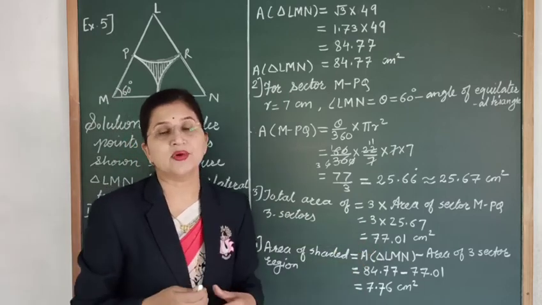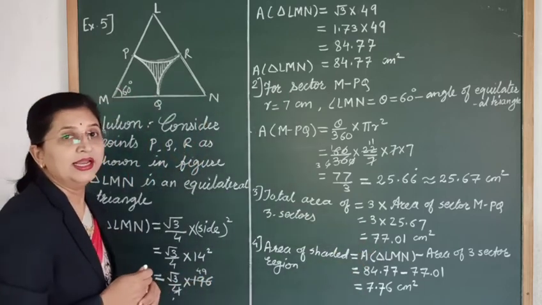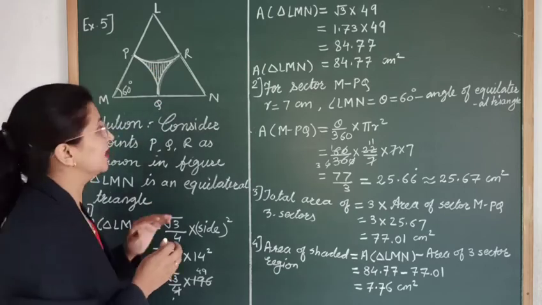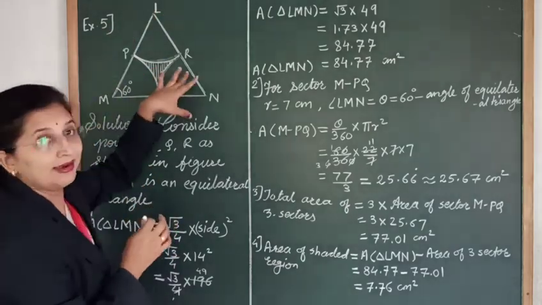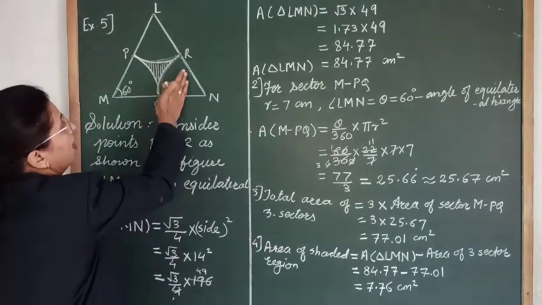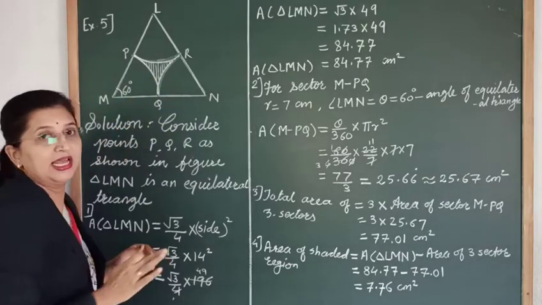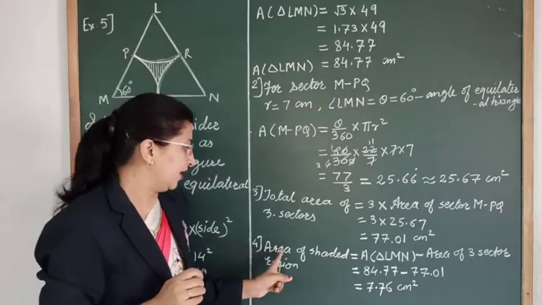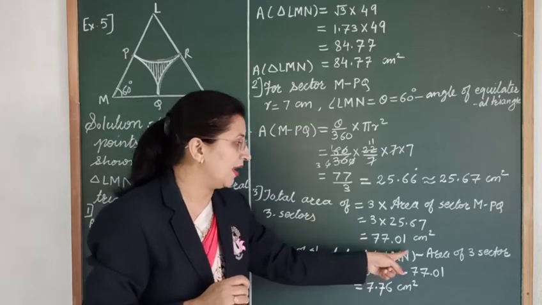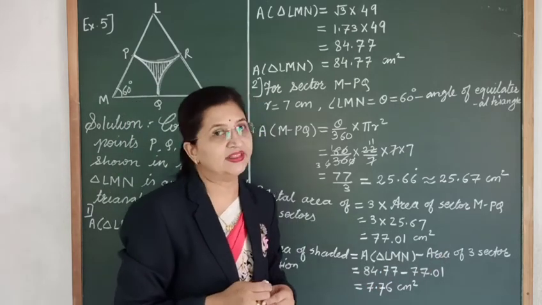The last question is to find the area of the shaded region. This shaded region is nothing but the whole triangle LMN with all these three sectors removed. So the area of the shaded region is equal to the area of triangle LMN minus the area of these sectors.